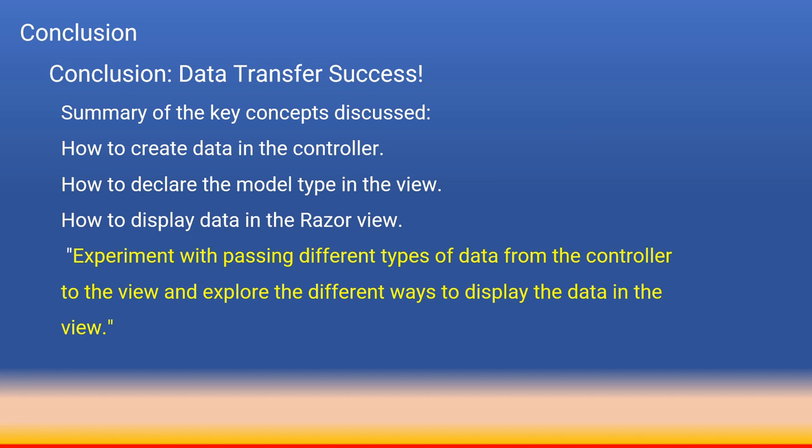By mastering this concept, you will be able to create web applications that display dynamic data to the user. I encourage you to experiment with passing different types of data from the controller to the view and explore the different ways to display the data in the view.